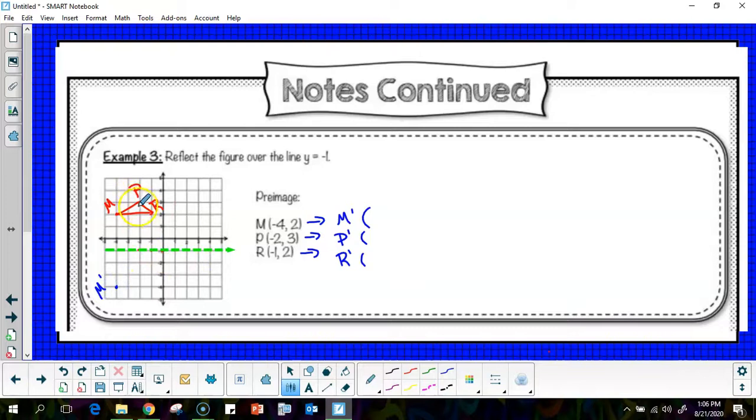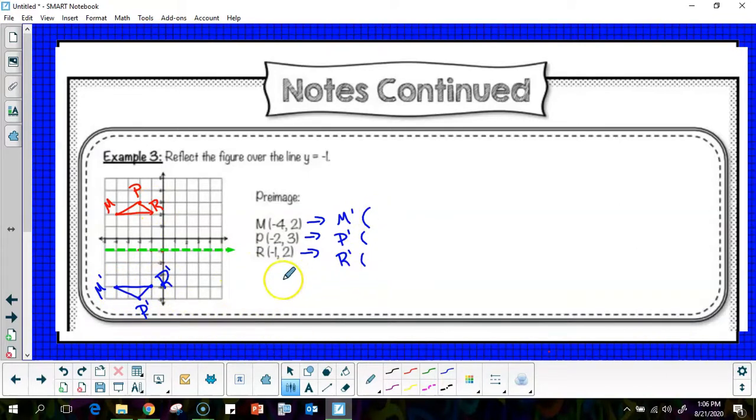Same thing with the P. The P is 1, 2, 3, 4 above, so we go 1, 2, 3, 4 below. And then with the R, it's 1, 2, 3 above, 1, 2, 3 below. And so that's my R prime, and then this was my P prime. So this is what our figure looks like reflected over that green line.